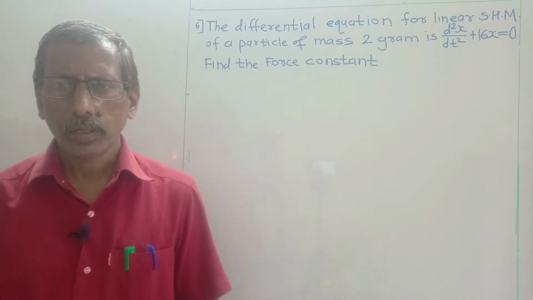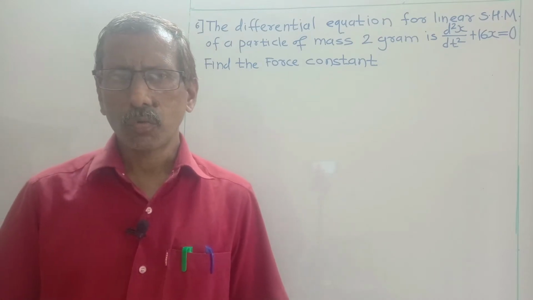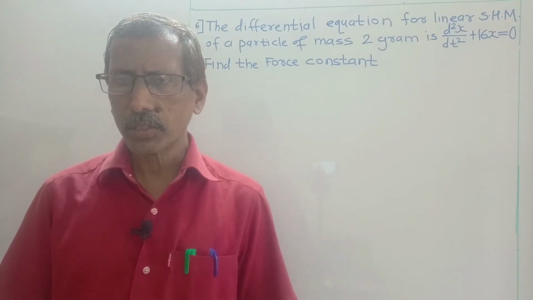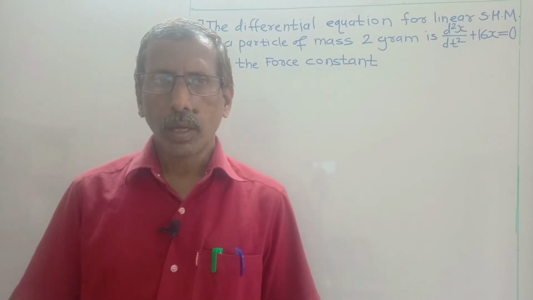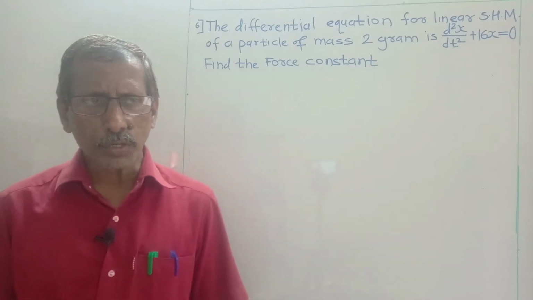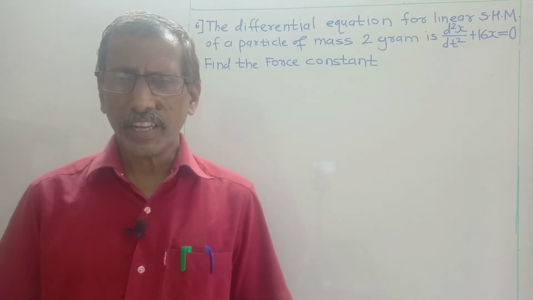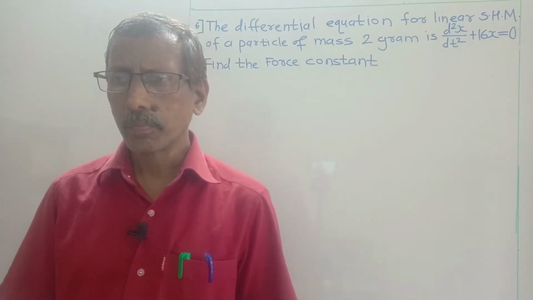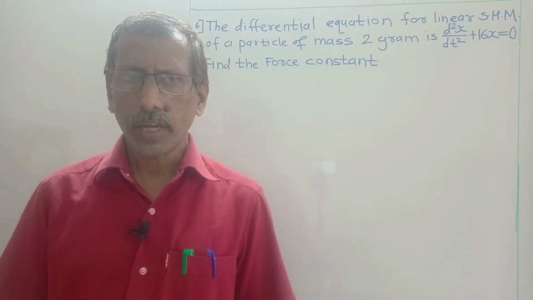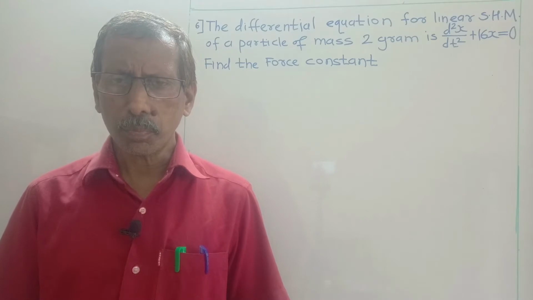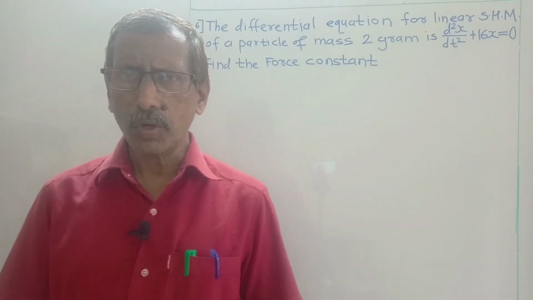Dear students, in the previous lecture we studied numericals on force constant. To find the force constant, we use the definition of linear SHM, that is F equals minus kx, and therefore in magnitude F equals kx, so k equals F by x.